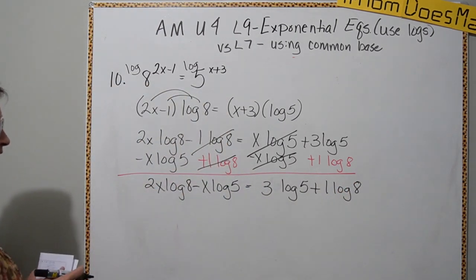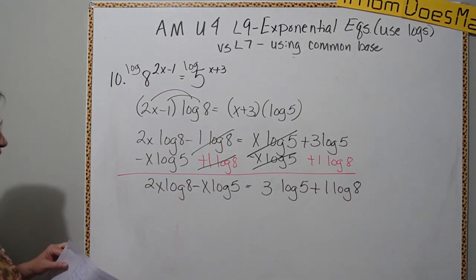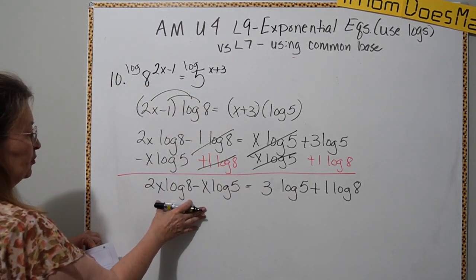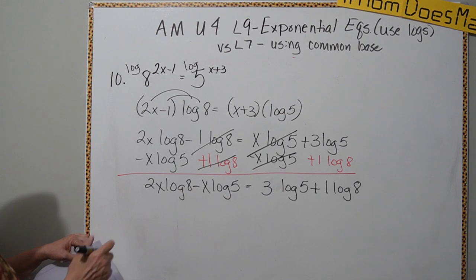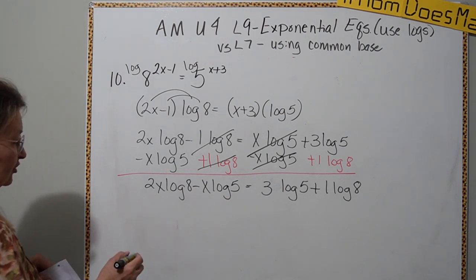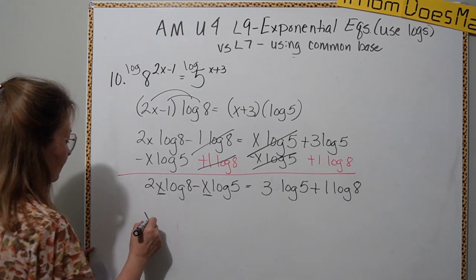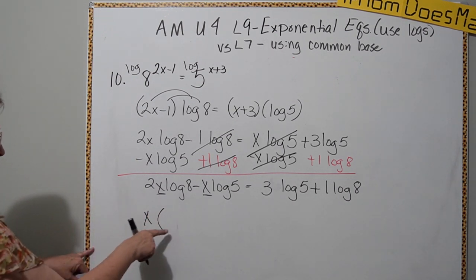All right. Now, it's better, even though it doesn't look like it. This is all number, and I see I've got my variables spread out. Well, how can I pull those out? Look for a common factor, and the common factor here is just x. So when I divide x out of there, what do I have left?